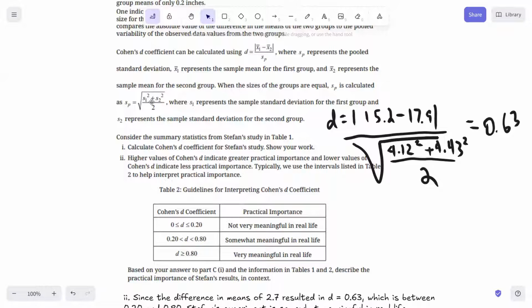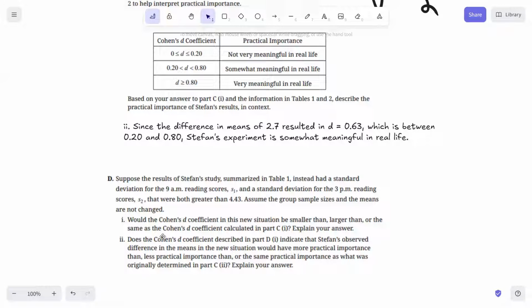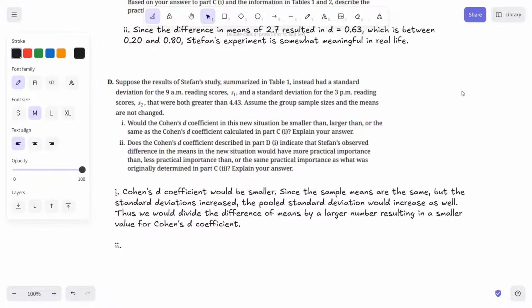Well, if both standard deviations are greater than 4.43, that's going to increase the numerator here, because you're still dividing by 2, still taking the square root, and still having the same difference in sample means. That's going to result in you dividing by a larger pooled standard deviation, which is going to then decrease the value of Cohen's d coefficient. So we would just have to write that out in a coherent statement, and I'll do that here below. So there you have it.